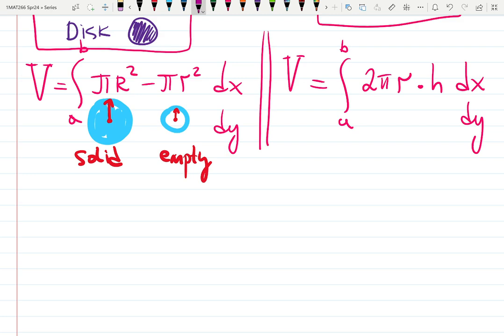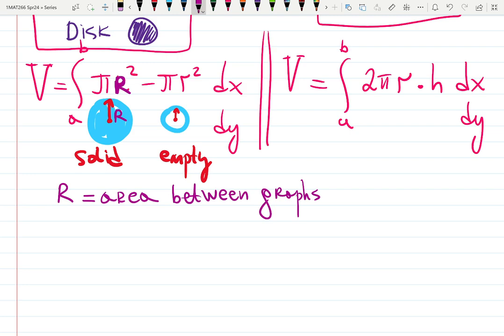And because of how I just drew it, now I can make a very cool claim that big R and small r are both area between graphs. It's top minus the bottom or right minus left, which I'm going to review in a second.